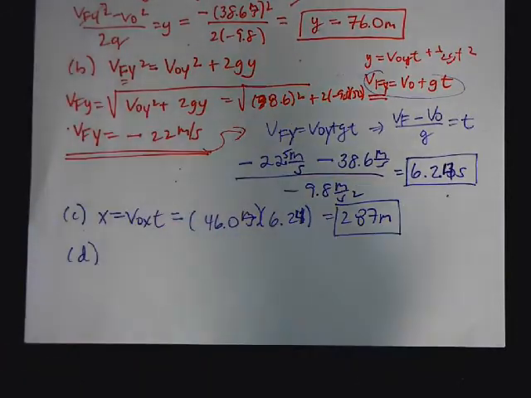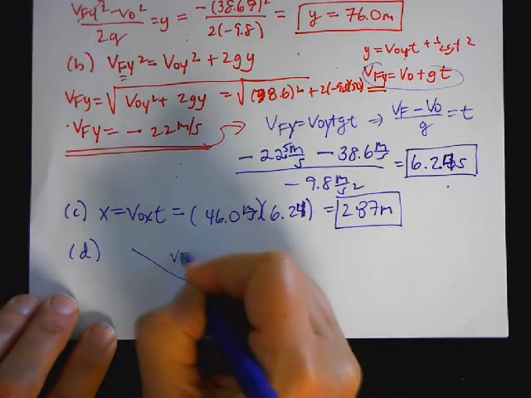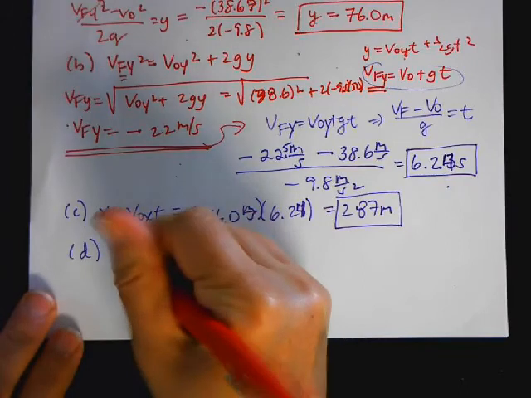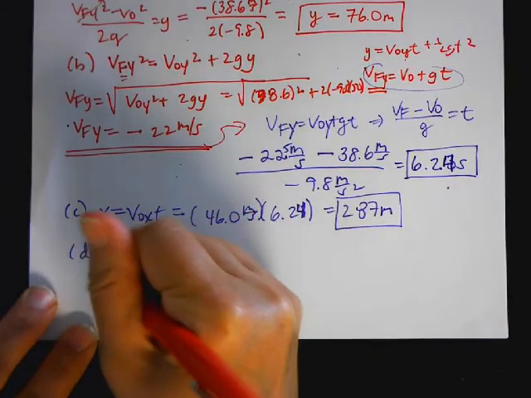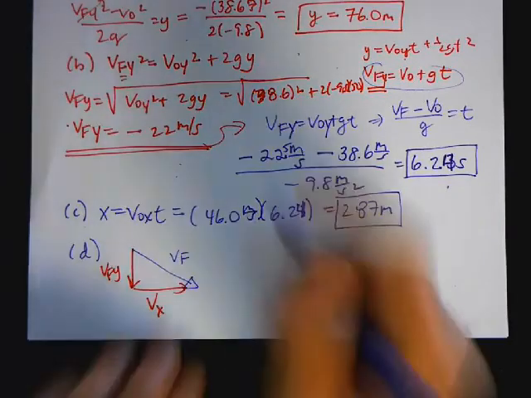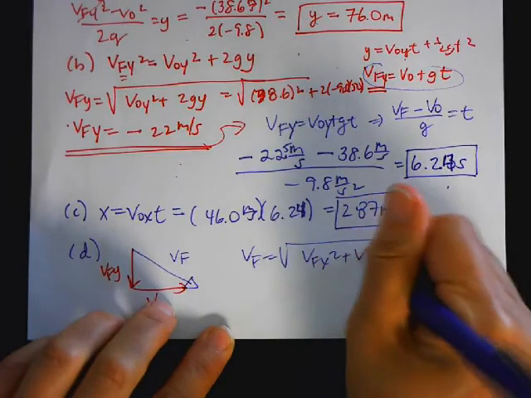In part D, determine the final landing speed. Now the final landing speed looks like this. This is vf. So vf is actually going to be what? It's going to be vfy and vx. So vf is going to be the square root of vfx squared plus vfy squared.